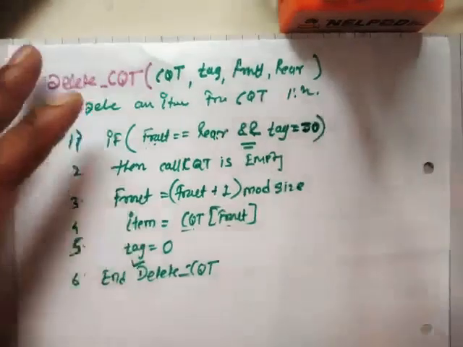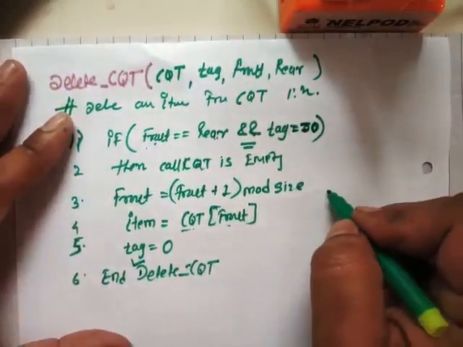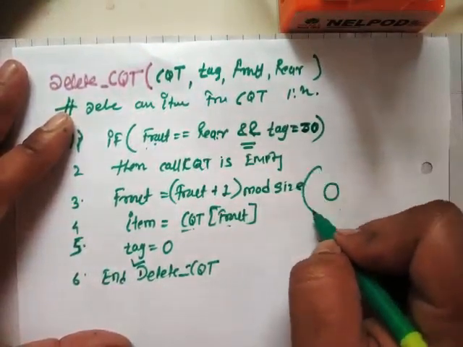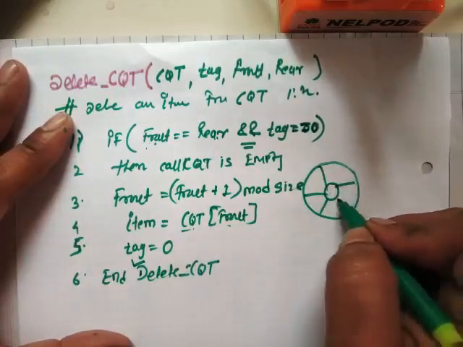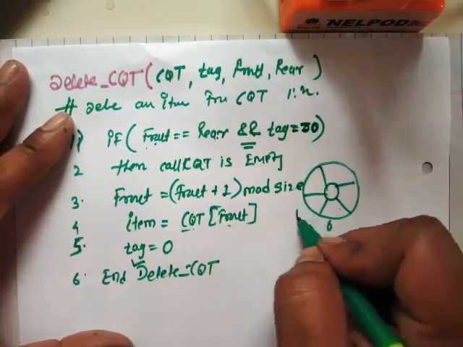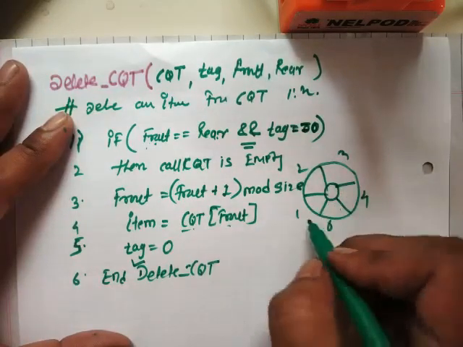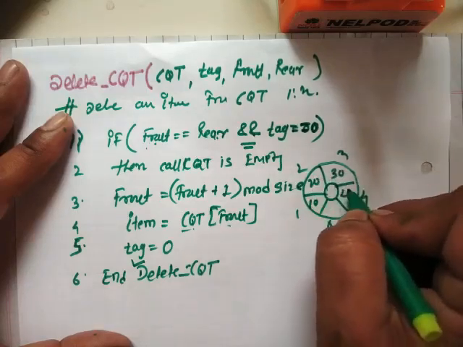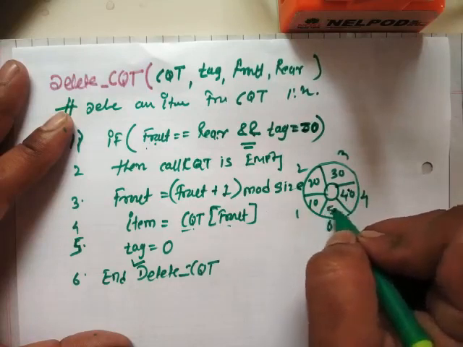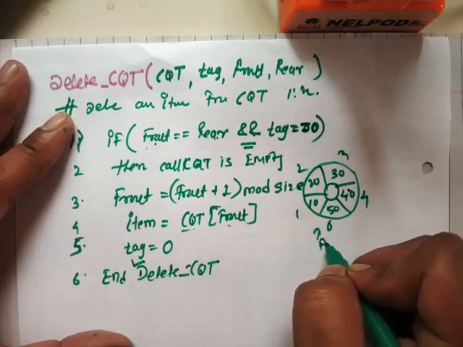Now let's check the delete operation. What I'm going to do is use the previous circular queue. Now this is 0, 1, 2, 3, 4. Now I insert here 10, 20, 30, 40 and 50. Now your front is pointing to index 0.